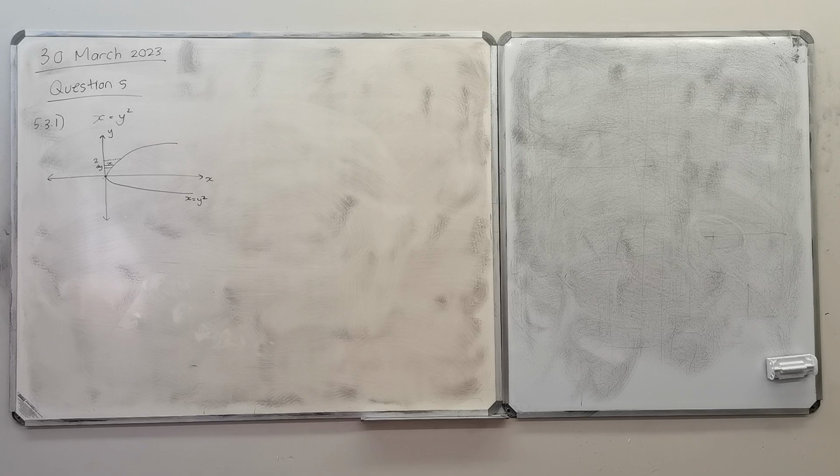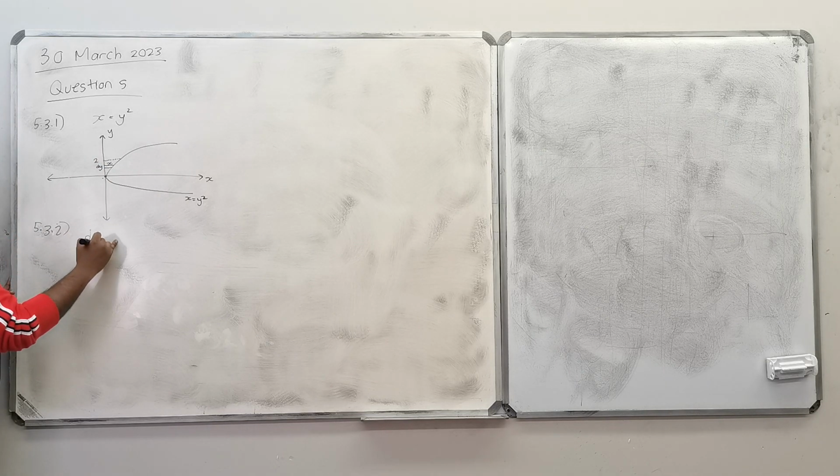Okay? So, what do they ask you? The next one that they ask you to do, calculate the magnitude of the indicated area in question 5.3.1 with the aid of integration. Right? So, this is the graph.